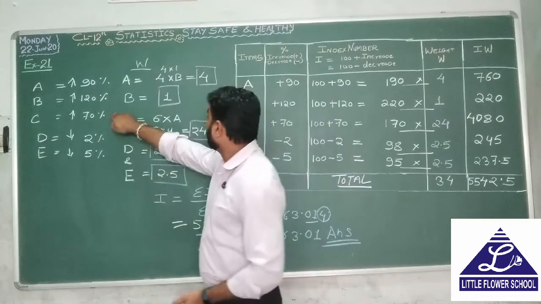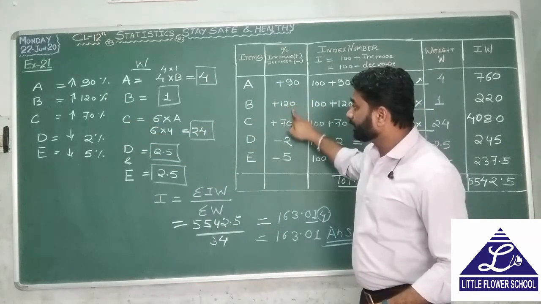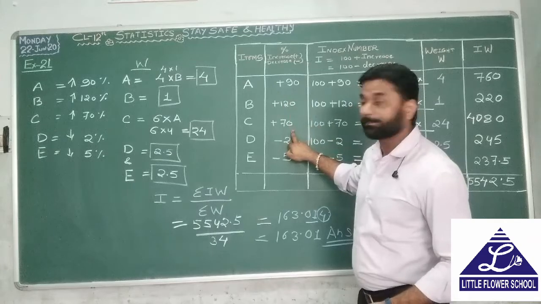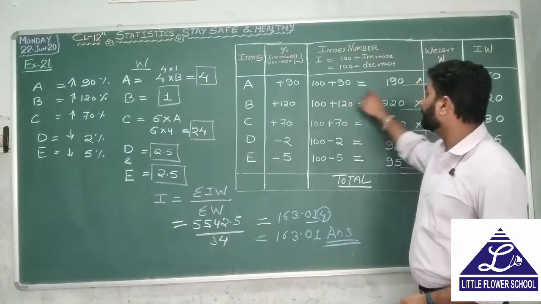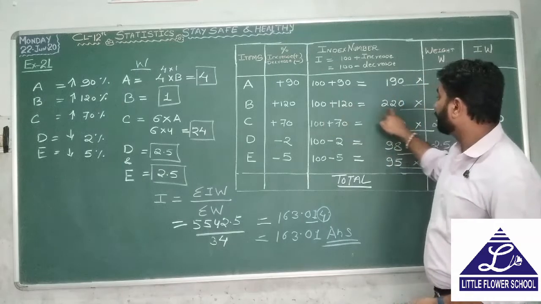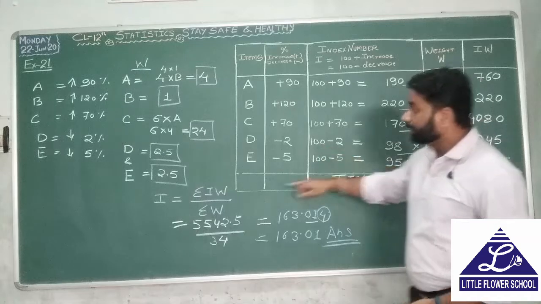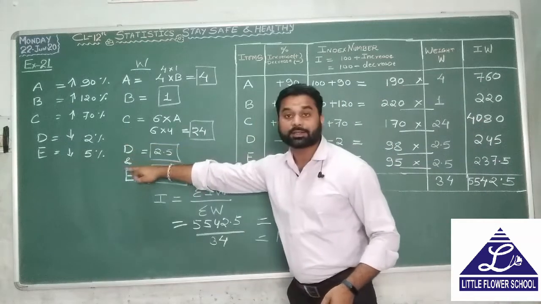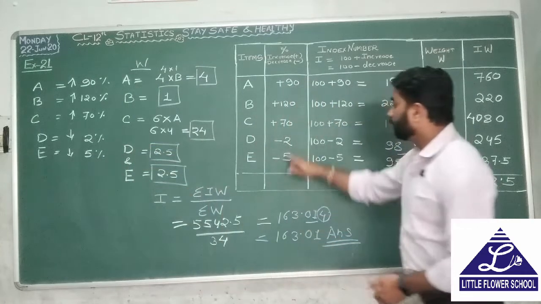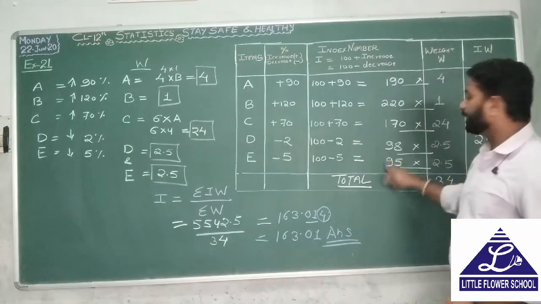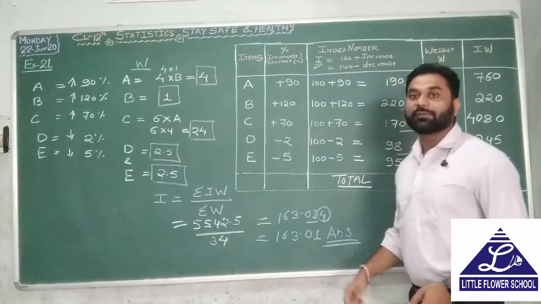So we put plus 90, plus 120, plus 70. The percentage is always on 100. So 100 plus 90 is 190, 100 plus 120 is 220, 100 plus 70 is 170. And items D and E, their prices have gone down by 2% and 5%, so minus 2 and minus 5 gives 98 and 95. This is the index number we have found out.